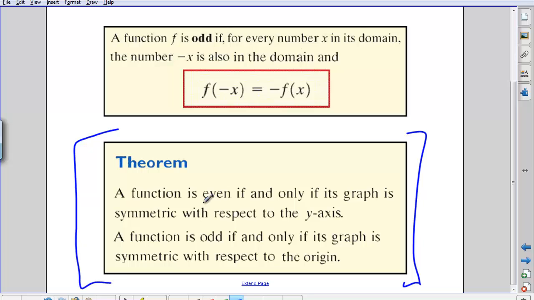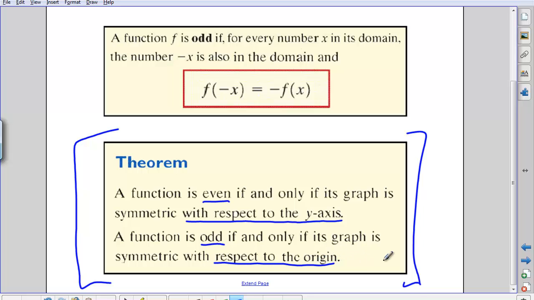It says a function is even if and only if its graph is symmetric with respect to the y-axis. So that y-axis symmetry we talked about before, if our graph has that symmetry, then that means that function is even. And then if we want to talk about an odd function, it says a function is odd if the graph is symmetric with respect to the origin.